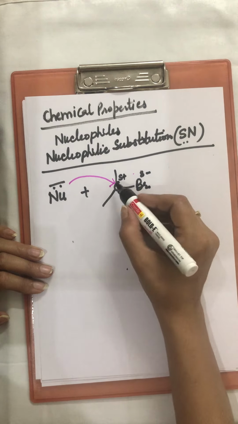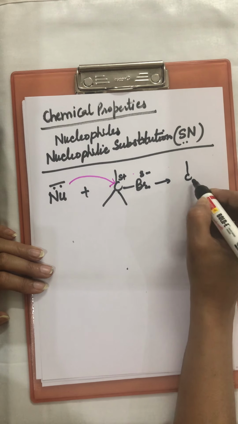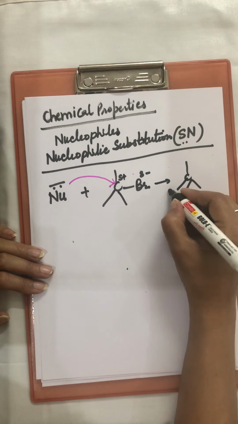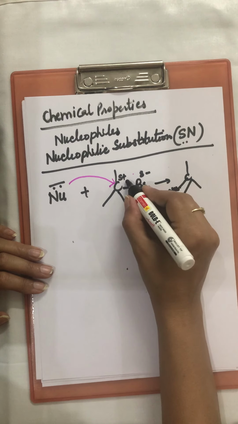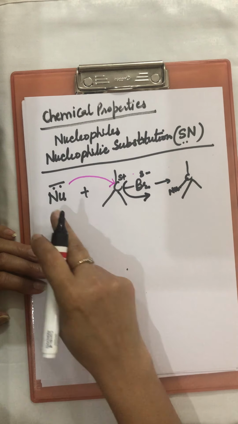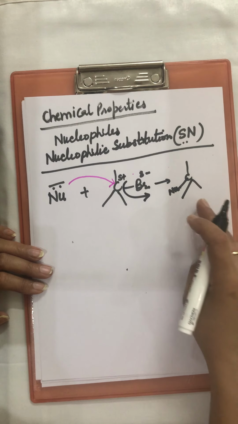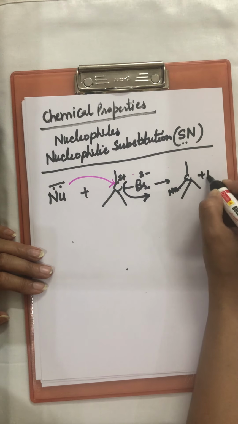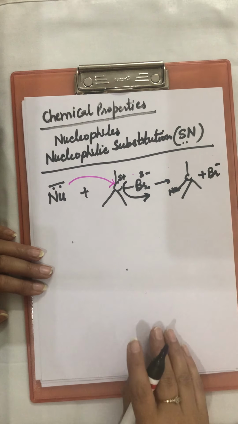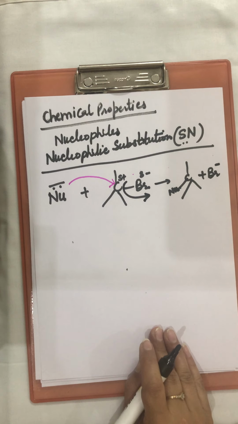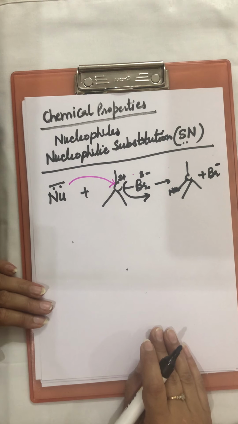And after attacking this, it links with the carbon and this will come out. Since it is stronger than halogen, so it will substitute this halogen and will get this compound and this Br minus will come out. These reactions are called nucleophilic substitution reactions.